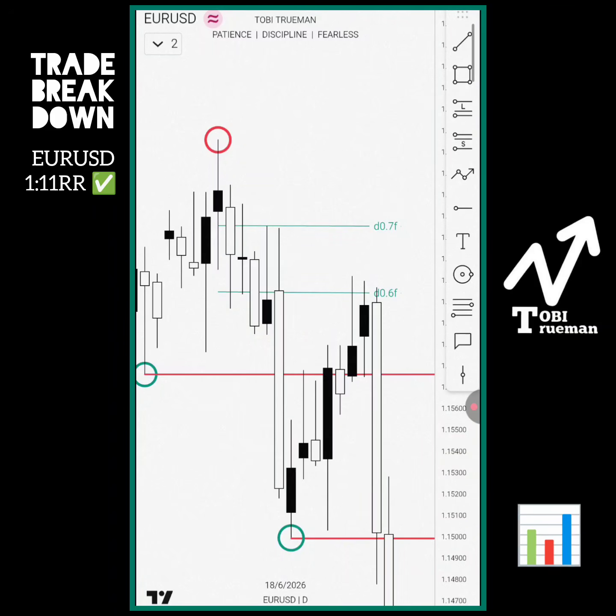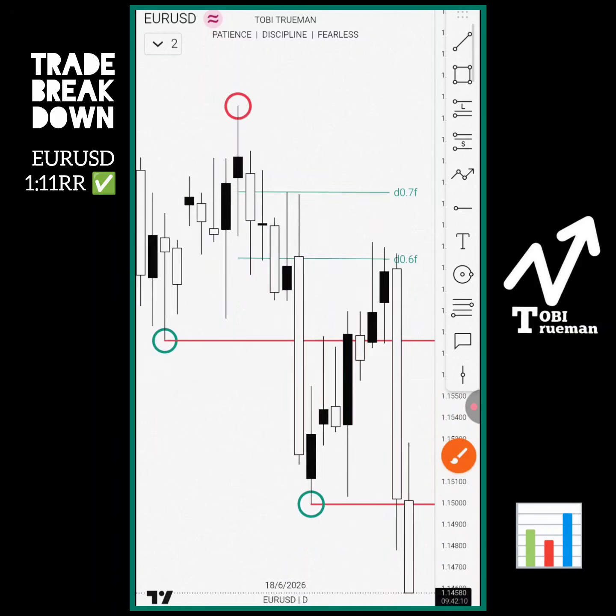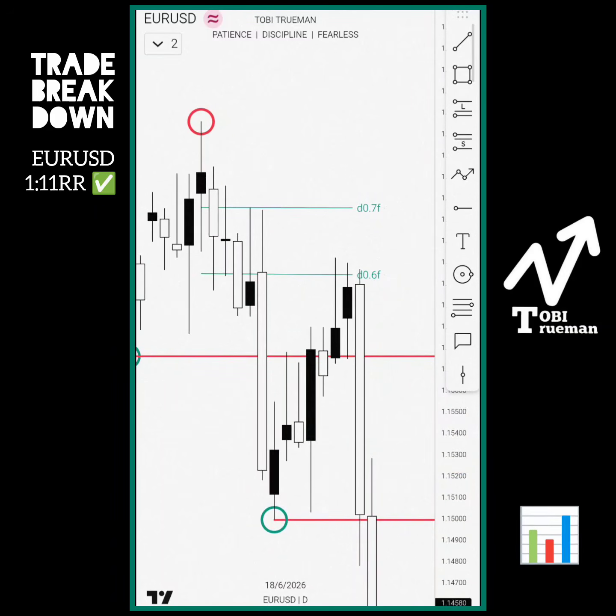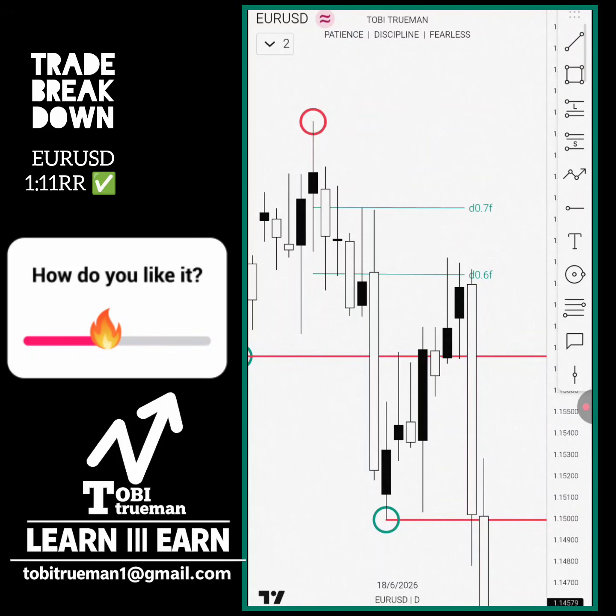Our major focus on this particular lesson is to know how it was possible for me to catch this trade, all these candlestick movements, using the same strategy I'll be teaching on this channel. Now let's take it that I do not have the premium subscription for TradingView, so I'm going to go along with this trade.